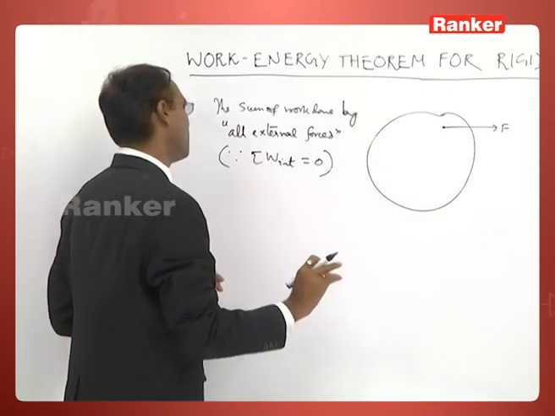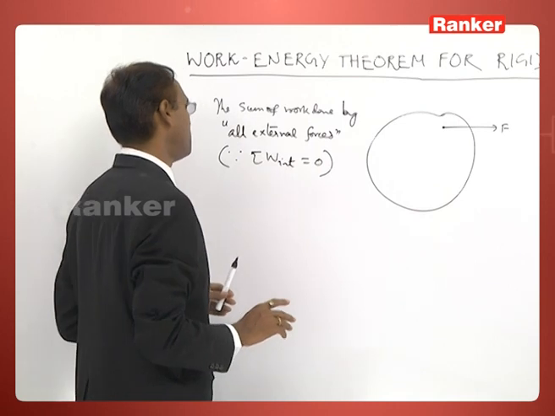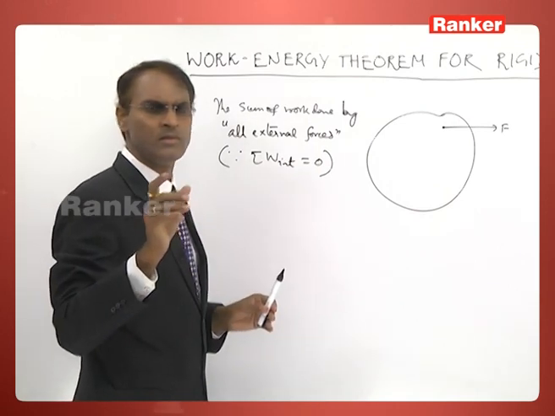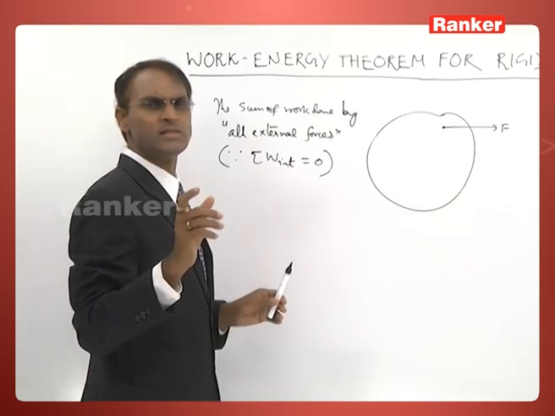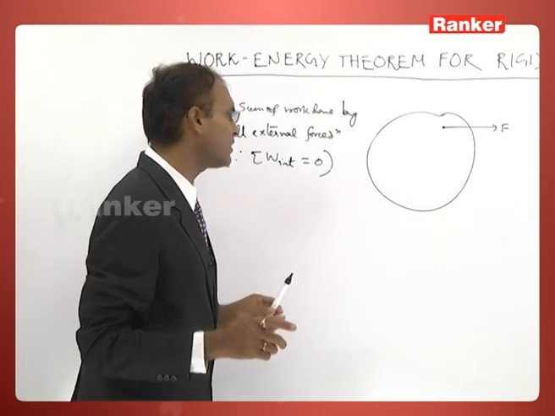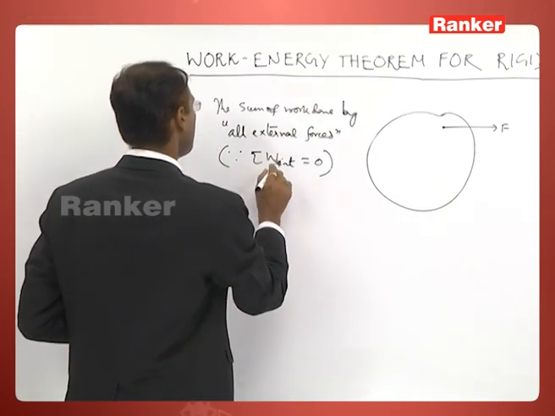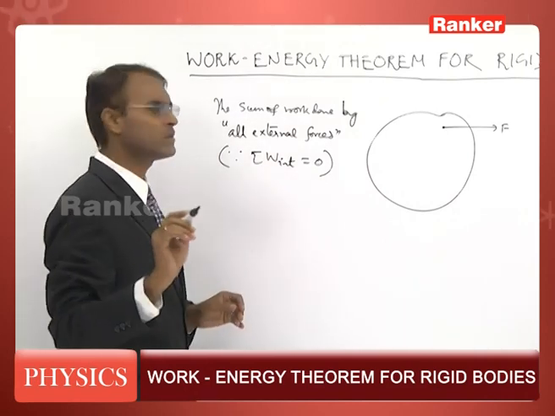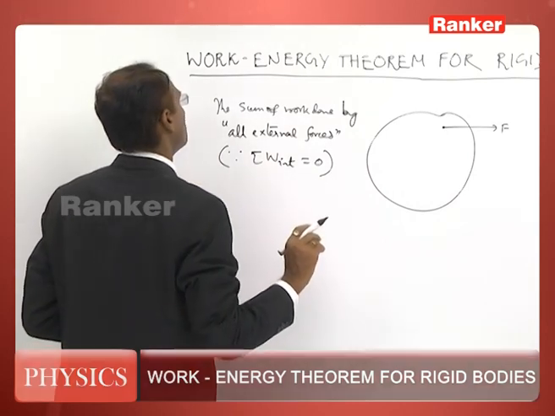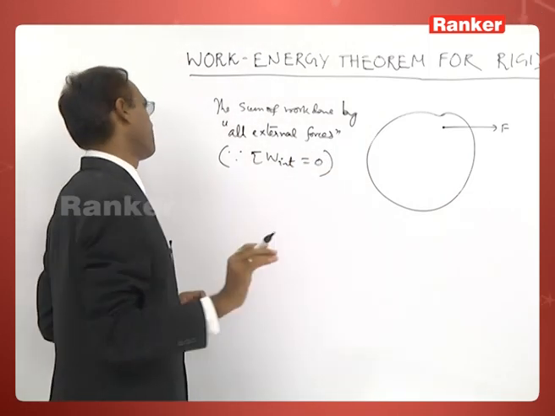It is because there is no relative displacement between any two particles, two points inside the rigid body along the line of separation. So, internal forces will produce 0 work for the rigid object. So, the net work is done by the external forces only.